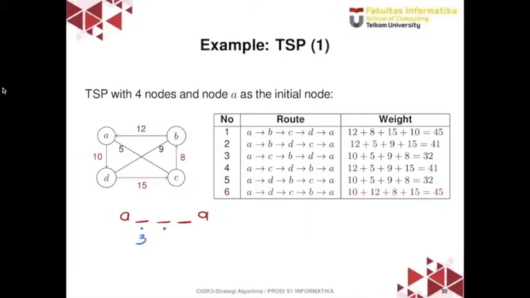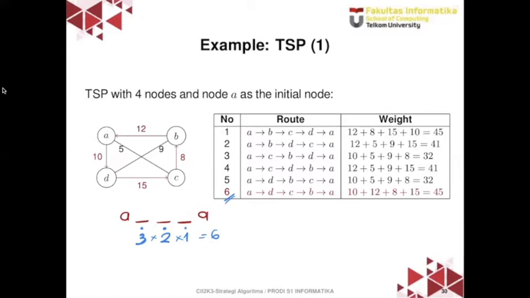And then we can go to either of the two cities that haven't been visited, so there are only two possibilities, and the last one only has one possibility. So in total, we have six possibilities. That's why we have six routes here.